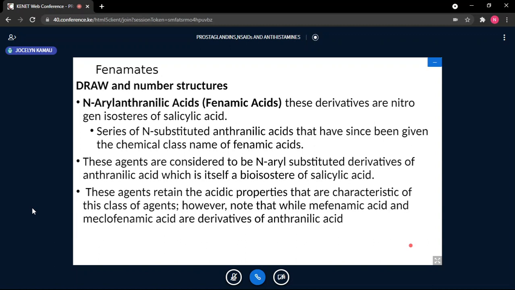When we look at these structures, and I hope we are together, let us look at their substituents. Mefenamic acid has substituents at 2', 3'. Meclofenamic acid has substituents at 2', 6'. The other one also has a substituent at 3'.